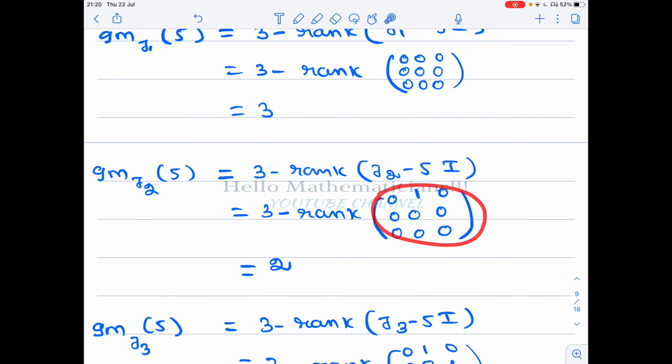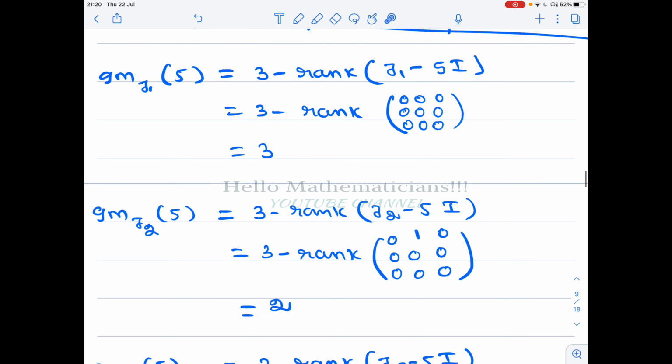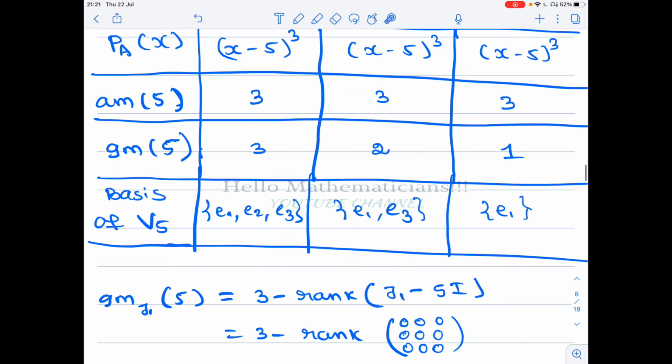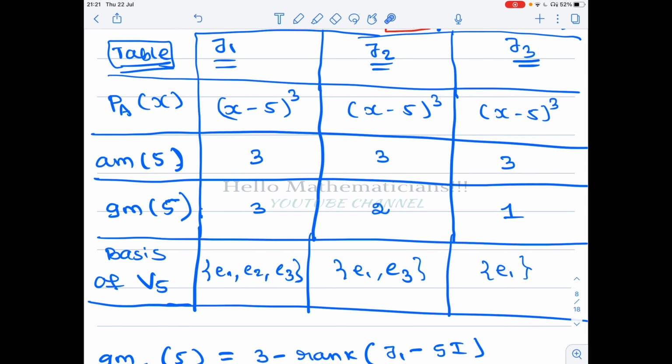Clearly this has rank 1, so 3 minus 1 is 2. Similarly, the geometric multiplicity of the eigenvalue 5 in J3 is 3 minus the rank of J3 minus 5I. This matrix has rank 2 because these two rows are linearly independent. Therefore 3 minus 2 is 1. So the geometric multiplicities are 3, 2, 1.